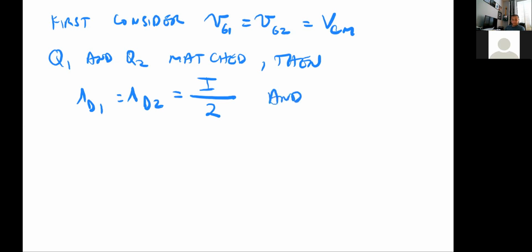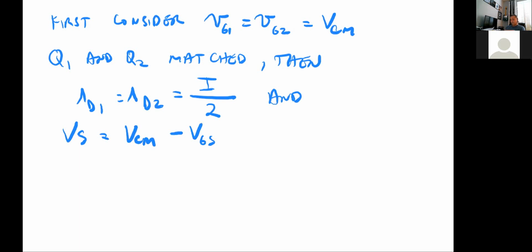Also, the voltage at the source is going to be that common voltage, which is showing at the gate, minus the VGS of the transistor, which is the same for both of them because they're matched.